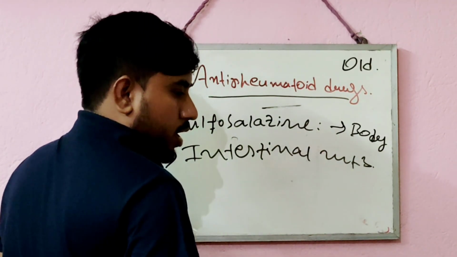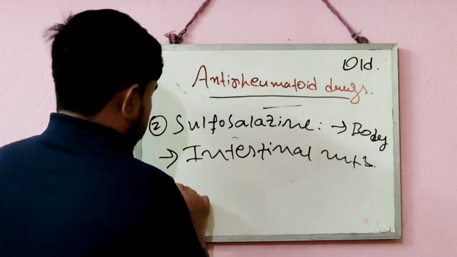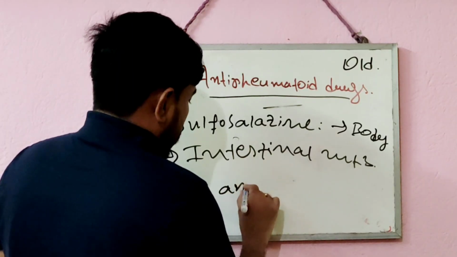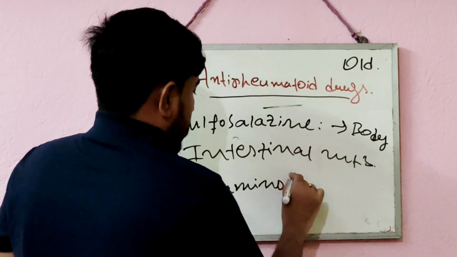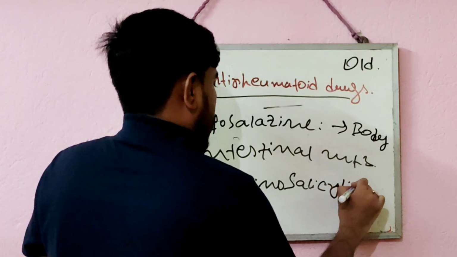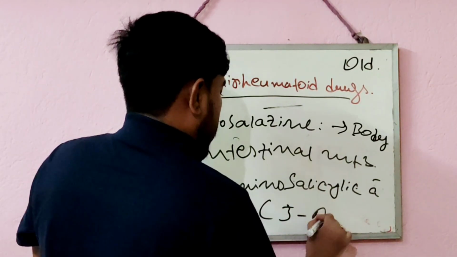When it goes through intestinal metabolism, it will convert into 5 amino salicylic acid, or we can call it 5 ASA.